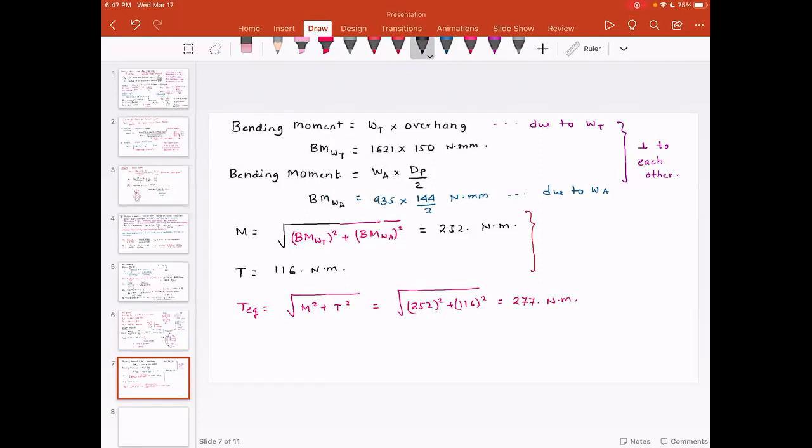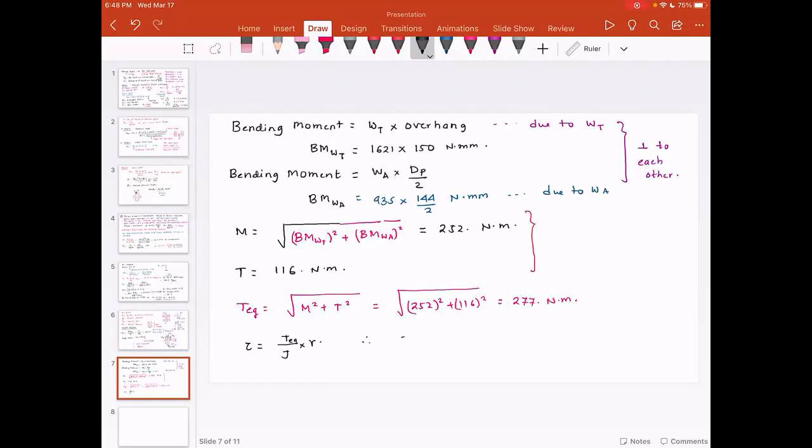And we can use the equation for torsion, which is tau is equal to T divided by J multiplied by R, where T is T equivalent and tau value is already given to us.